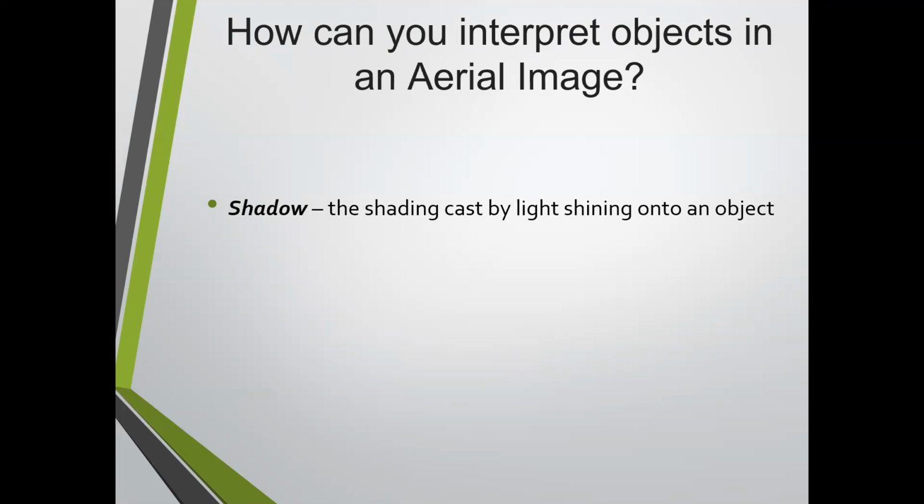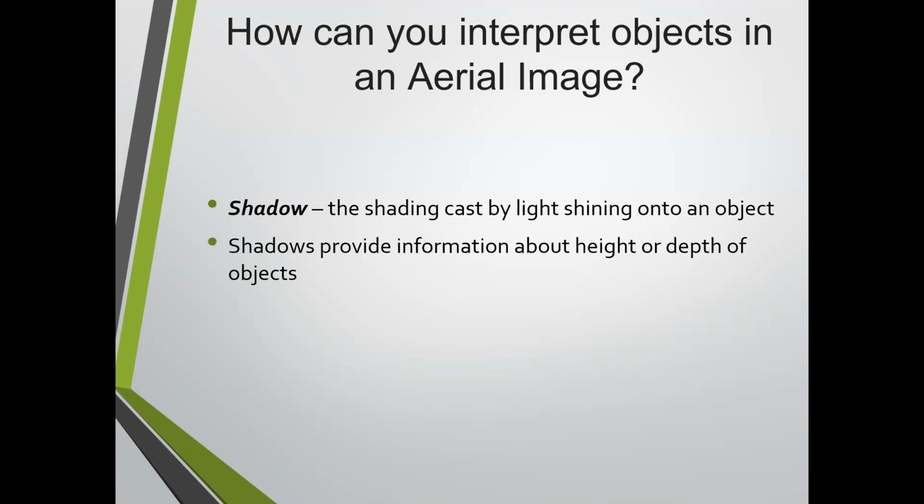Shadow. Now, shadow casting, the fact of light shining onto an object and then casting a shadow, can provide information about the height or depth of objects. You can also determine things like time of day and time of year based on shadows. Shadows can be a big deal, especially with photogrammetry.